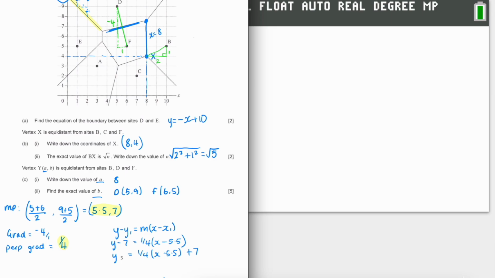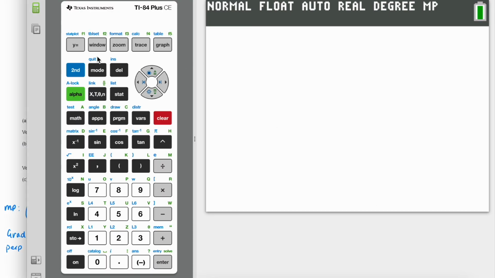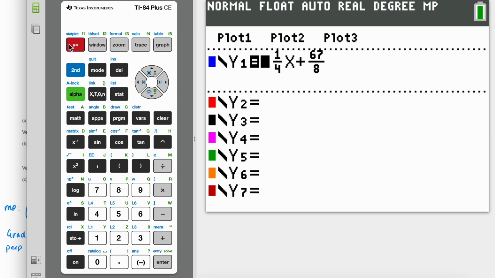So we then need to find what is the value of this line when x is equal to 8. I've found the equation, but I want to know when x is 8, what is the y coordinate? So I'm substituting into here 8. So there's two methods for doing this. Either you can substitute in when x is 8, or we can go to our calculator and we can graph the line that we found.